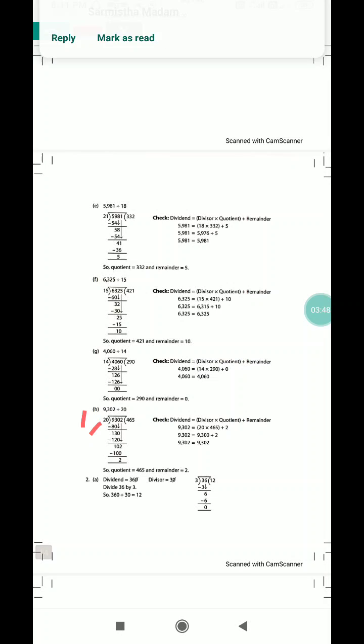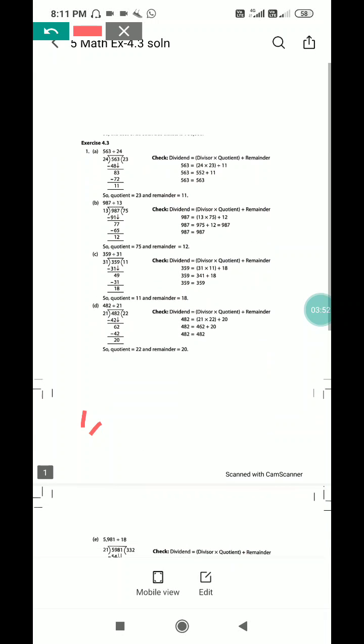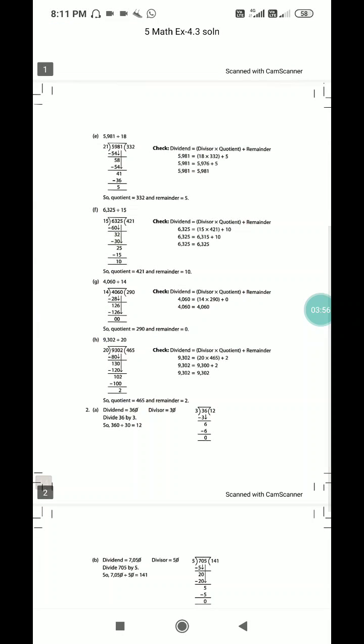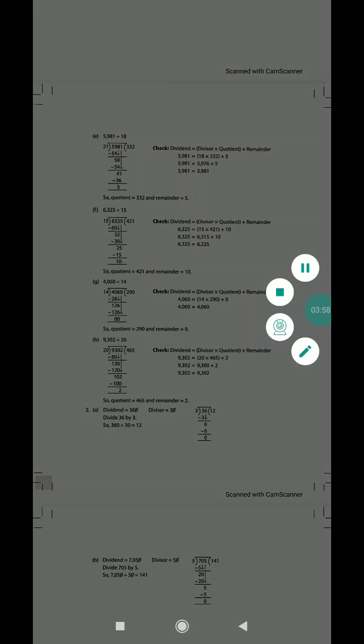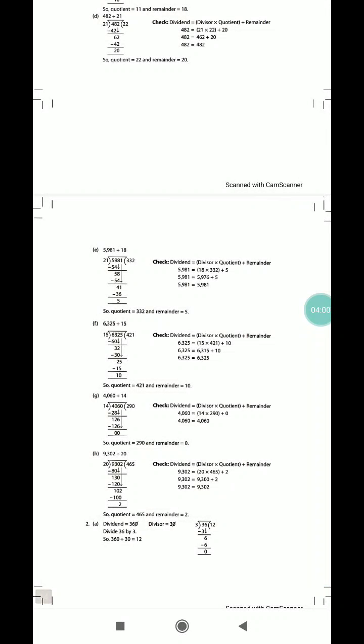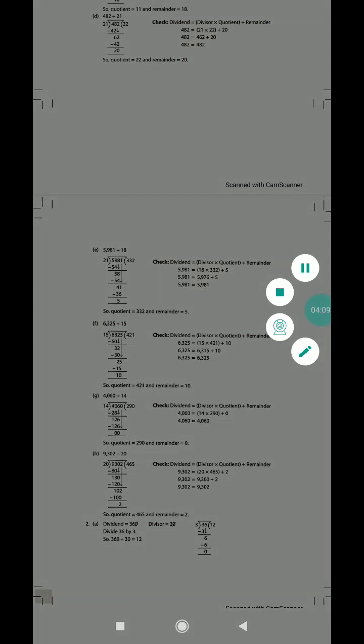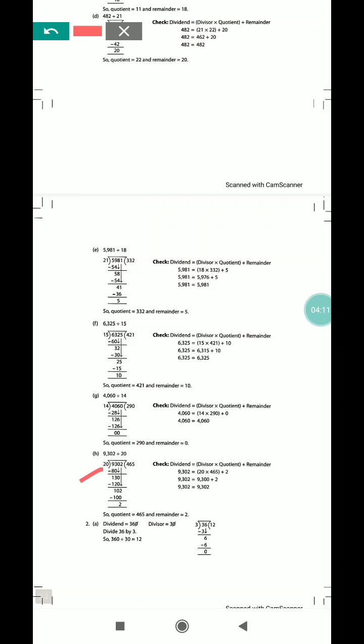So 20 divided by 9302. So 20 we have written here, and 9302 is here.